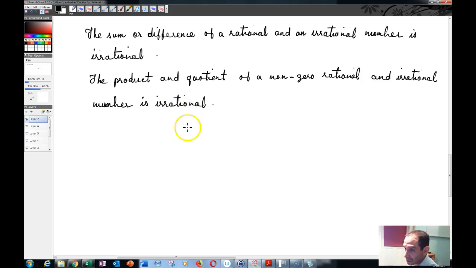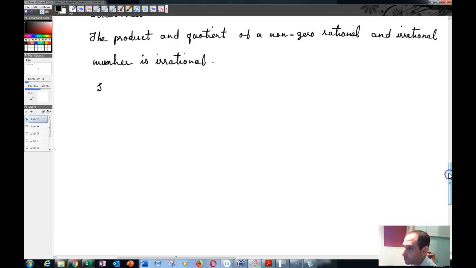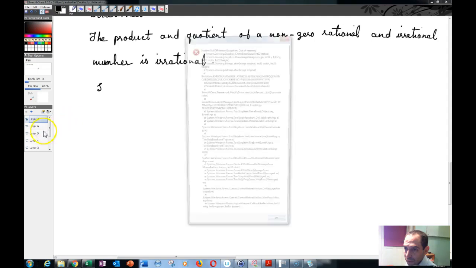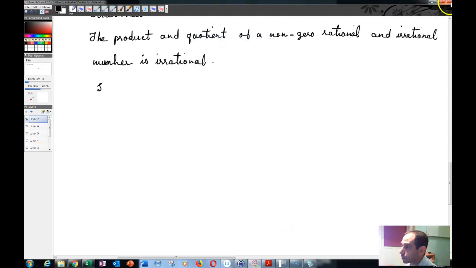So for example, let's say that you want to show that, I don't know if I have enough space over here. I don't really. So I can't do this here.